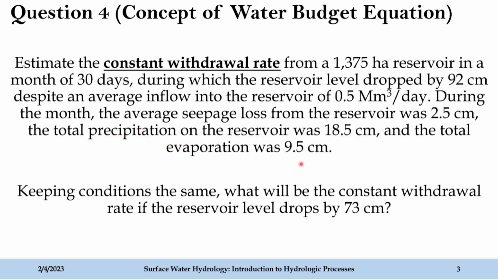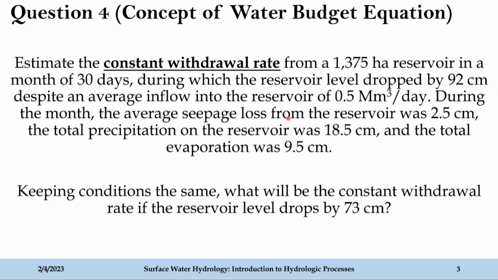So this was the first part of the problem, where the objective is to find out the constant withdrawal rate from the reservoir. The area of the reservoir is given to us. The duration of 30 days is also given to us. Apart from this, we found that there is a drop in the reservoir level. That means the volume of water has reduced in the reservoir, and the depth of fall in the reservoir level is 92 centimeter.